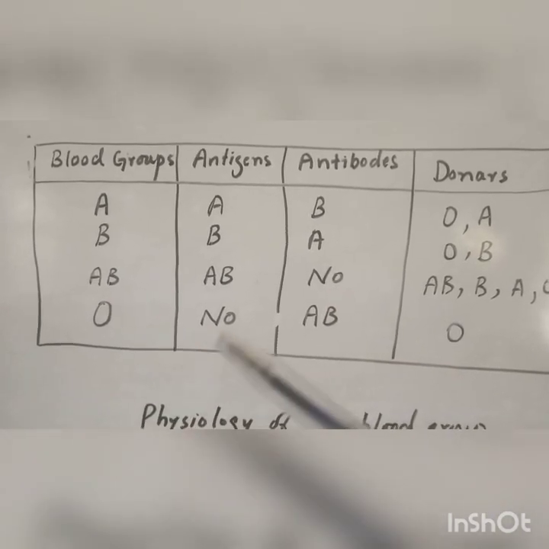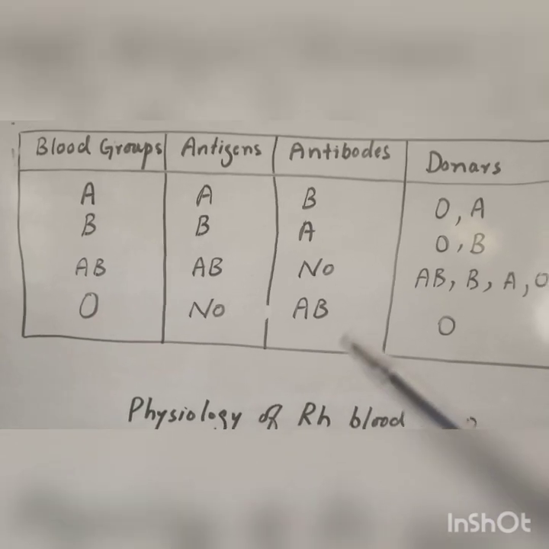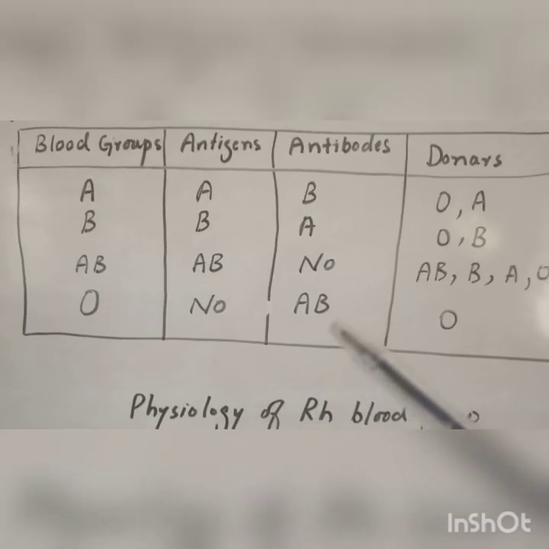On blood group O there is no antigen but antibodies are present, that is A and B.